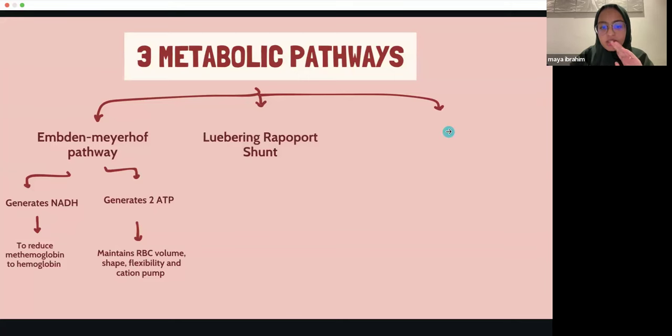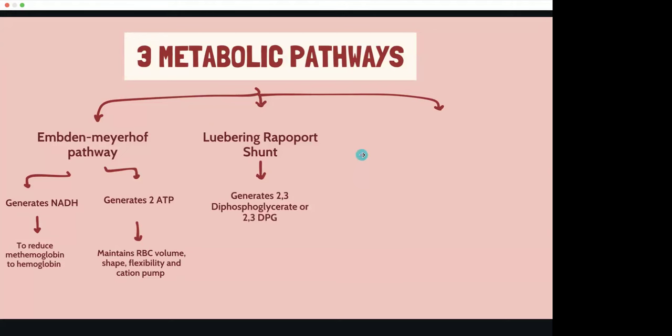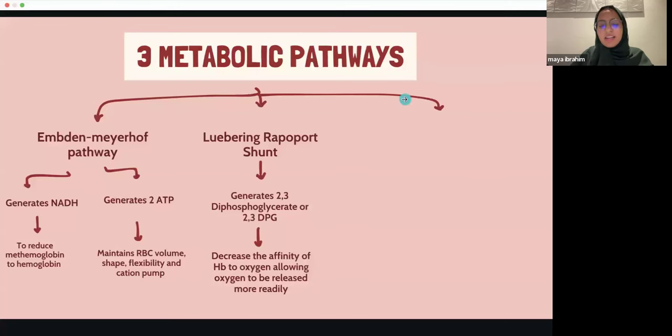Our second pathway is the Luebering-Rapoport shunt. What does this shunt do? It generates the 2,3-DPG, which reduces the hemoglobin affinity to oxygen. Correct. And our last pathway is the hexose monophosphate pathway.